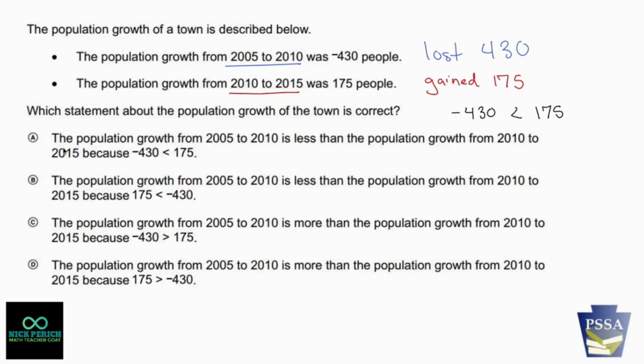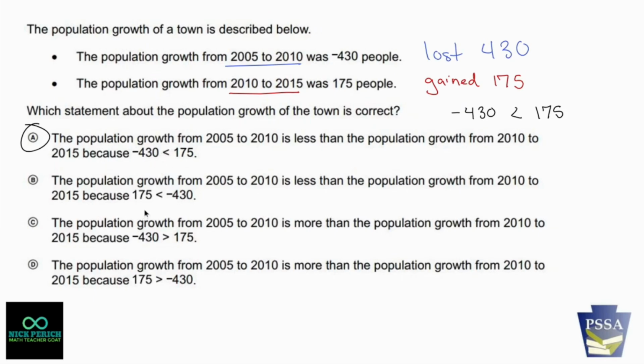So the population growth from 2005 to 2010 is less than the population growth from 2010 to 2015 because negative 430 is less than 175 is correct. Okay, so this is true because negative 430 has to do with that year, 175 has to do with that year. This is a correct statement.